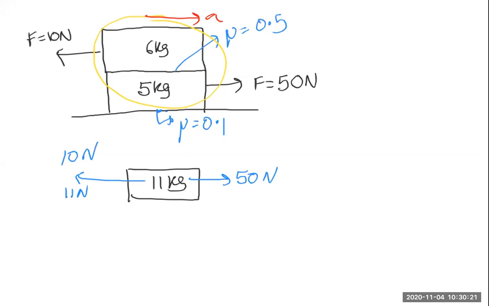So I get 50 minus 10, 40 minus 11, कितना आएगा? 29. 29 is equal to 11a. A is equal to 29 by 11 meter per second square.